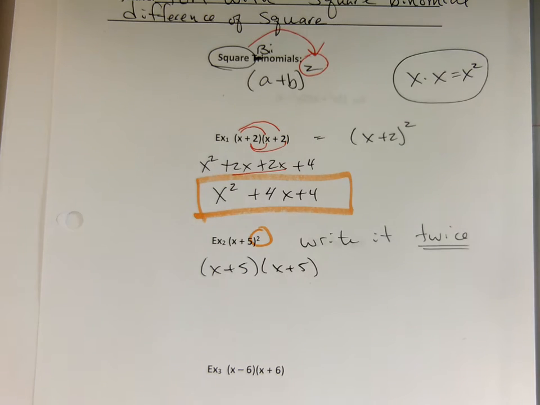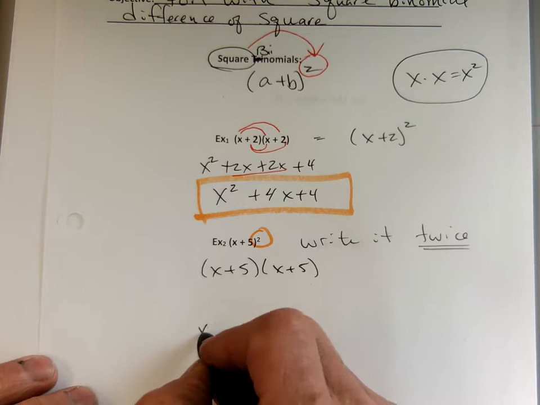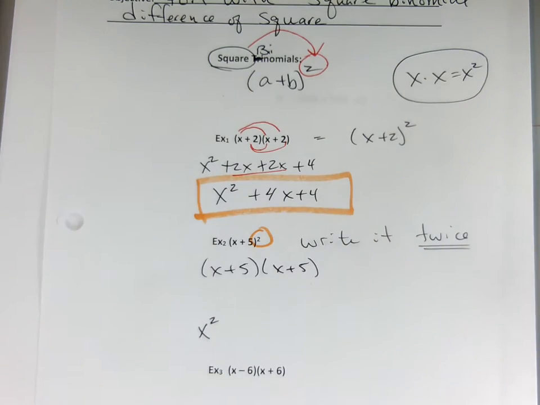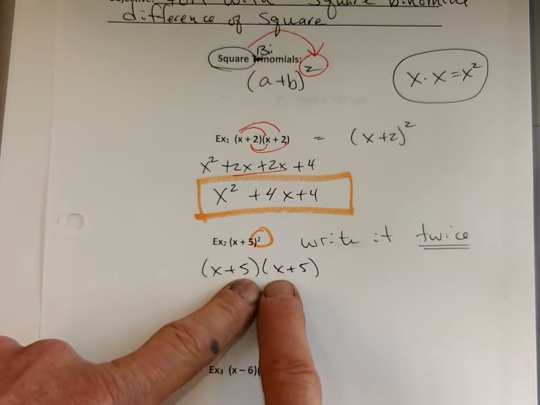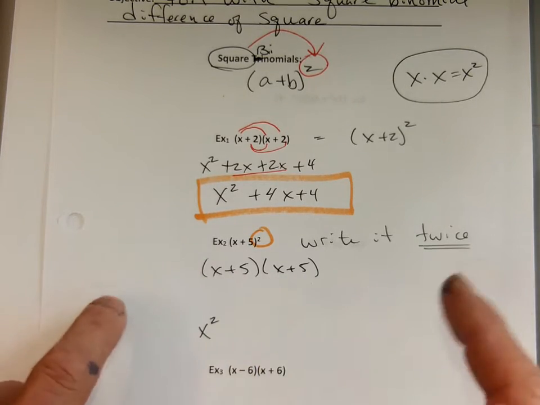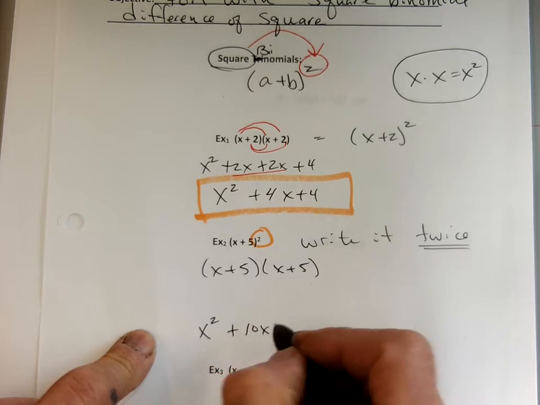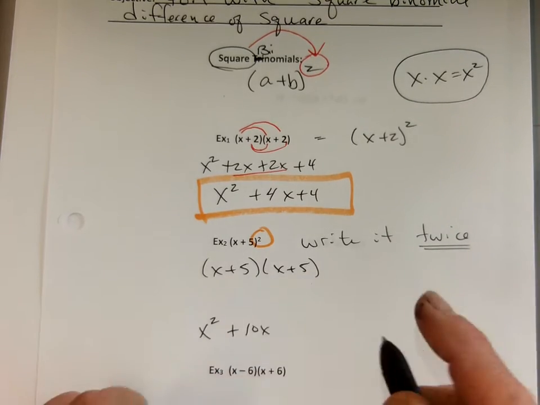So I'll do the same process, except we could probably shortcut it, couldn't we? I know I'd have a 5x and another 5x. I can go straight to a 10x, and 5 times 5 is 25.